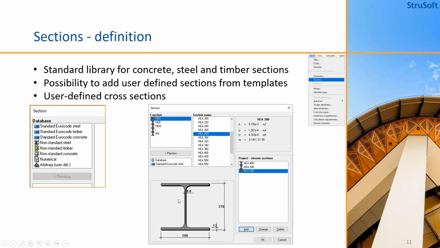flange or different kinds of concrete sections, depending on a few things, and that is like templates that we need to define for a flange beam, the web and the flange and so on. But it's also possible to enter either numerical or arbitrary cross-sections.